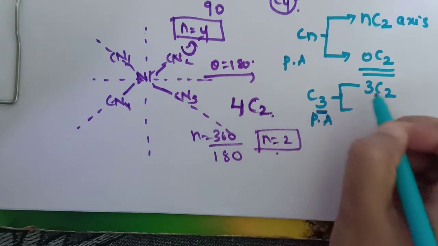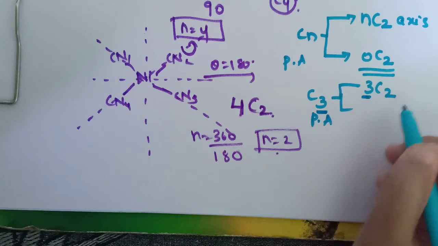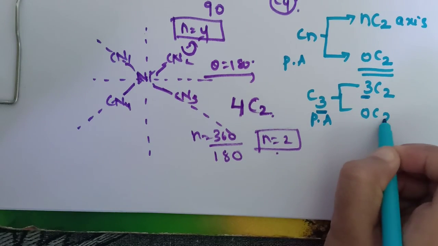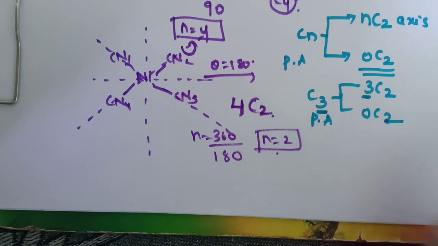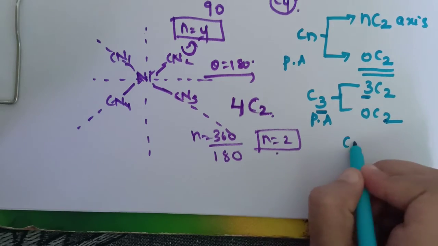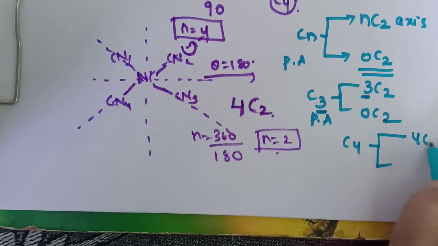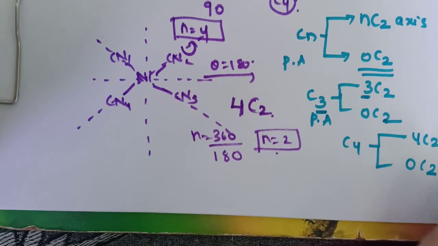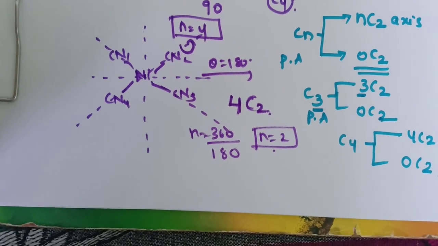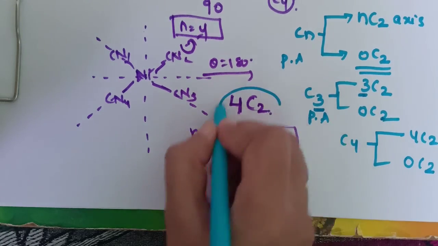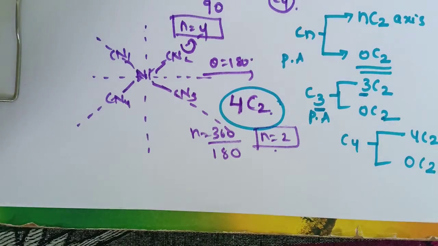Here n is 3, so 3 C2 or 0 C2. If here we have got C4, that means we will get 4 C2 or 0 C2. Here we have got what? 4 C2. It is another trick to remember this.